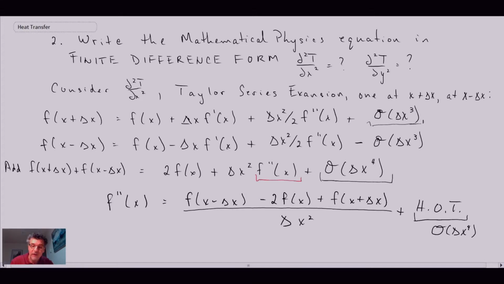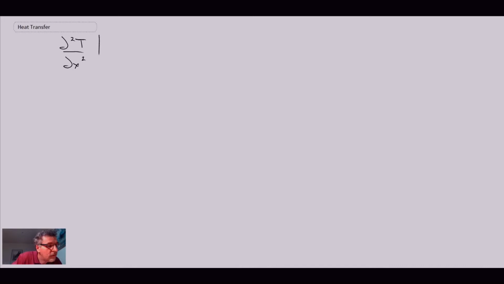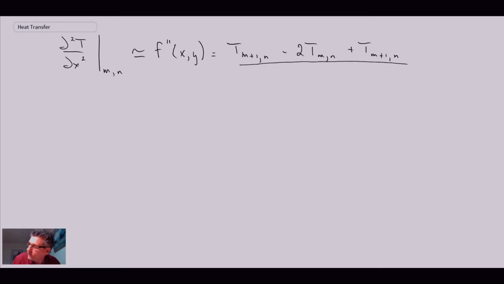So what can we do with this? Well, remember we're after the second derivative of temperature with respect to x. So what I've done here is I've replaced f. The first one we had was f at x minus delta x, but you can flip it around.